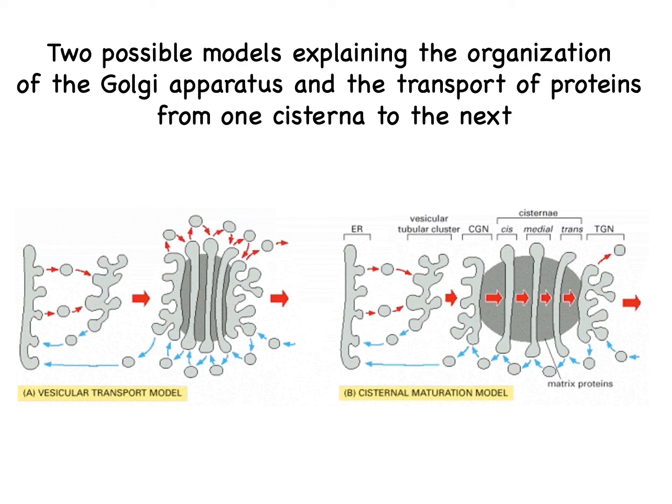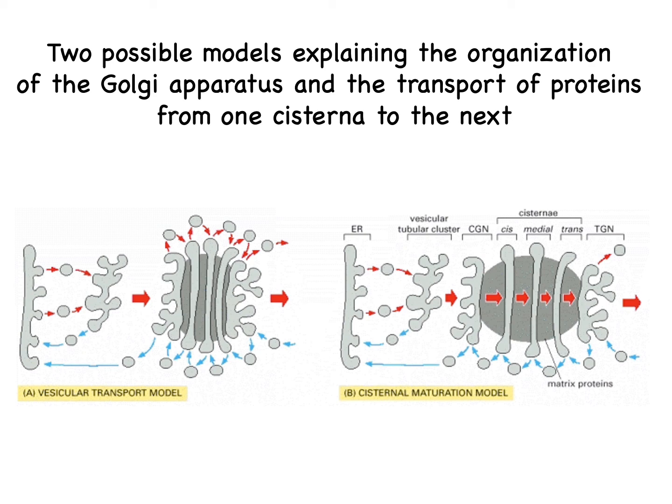They then fused to form a stack of the cis Golgi, and then they continued to bud off and fuse to the stacks along the way out into the trans Golgi, and then finally off of the Golgi. The other model was that these vesicles would fuse into the membrane of the cis Golgi, and then it would travel as a whole through the Golgi until it got to the trans side, where it then formed vesicles and budded off.